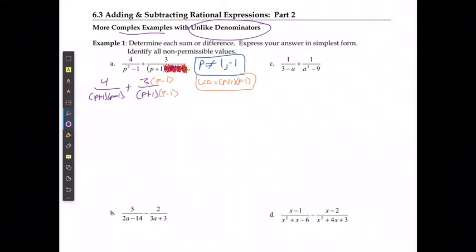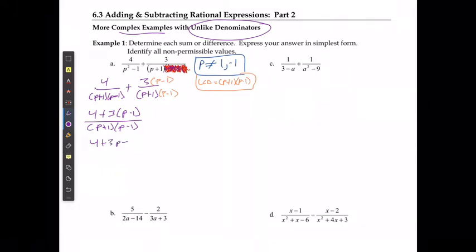So what I actually have is 4 plus 3 bracket p minus 1 all over (p plus 1)(p minus 1), which is going to give me 4 plus 3p minus 3 over (p plus 1)(p minus 1), or 3p plus 1 over (p plus 1)(p minus 1).